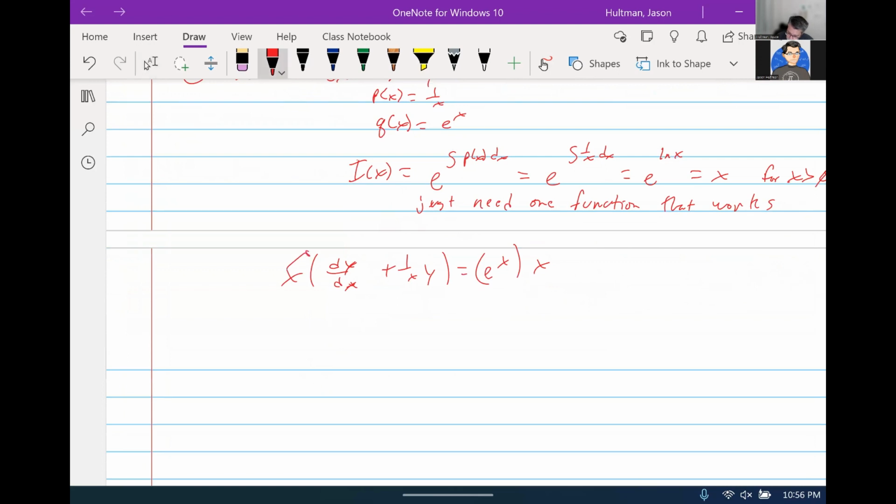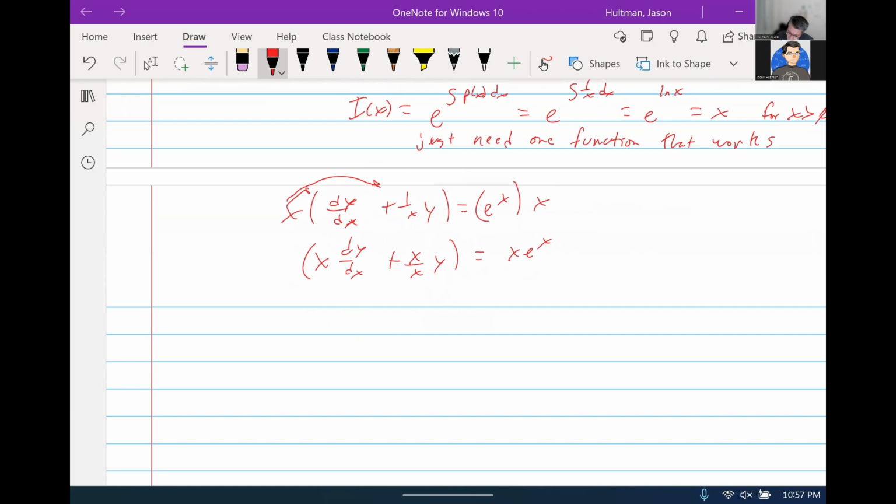And so we're going to distribute. This becomes x dy dx plus x over x, which is 1, times y, equals x e to the x.